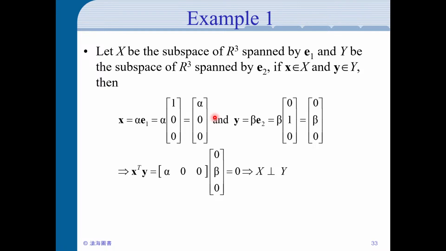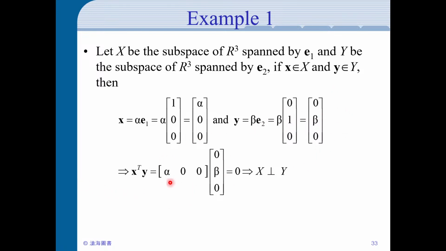But anyway, let's go back to just seeing what's orthogonal. Let's forget about null space and row space for now. Let's have an example of two spaces that are orthogonal to each other. So X is spanned by E1 and Y is spanned by E2. So X space are vectors that look like this: alpha, 0, 0. And Y vectors are spanned by E2, so 0, beta, 0.